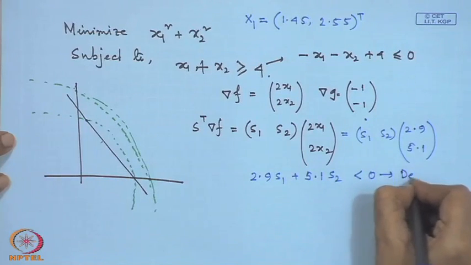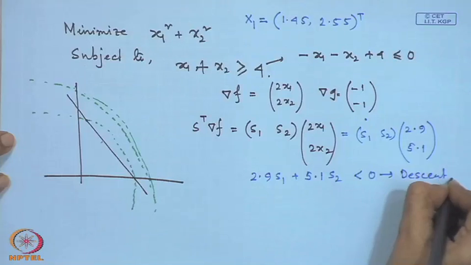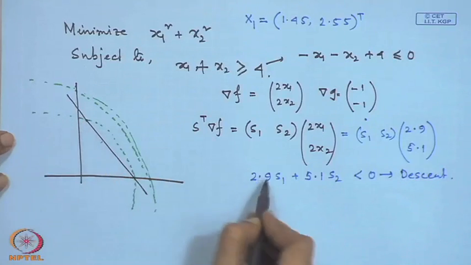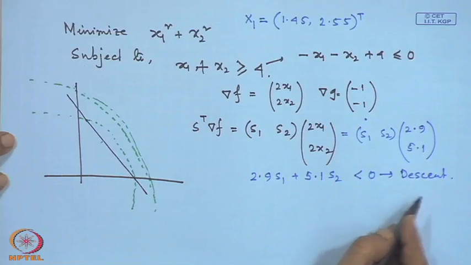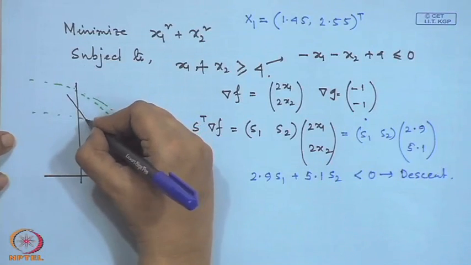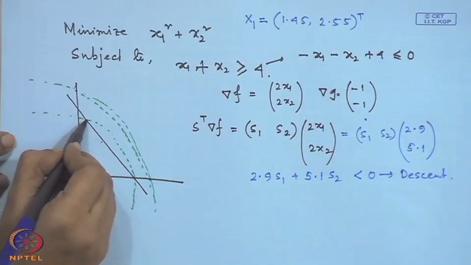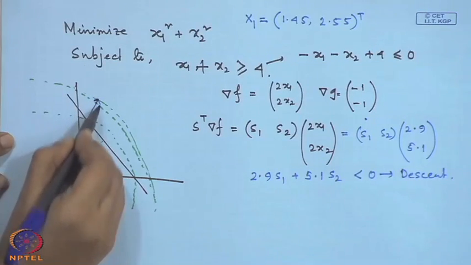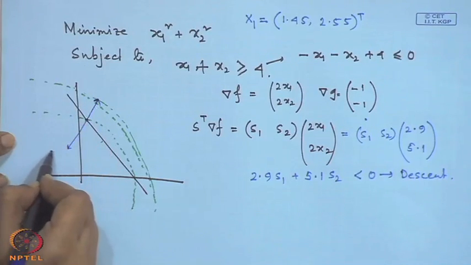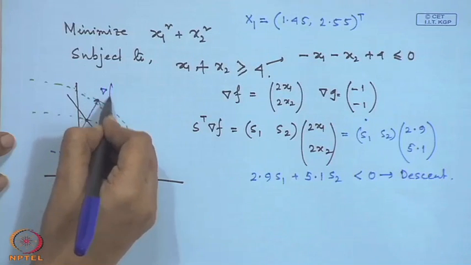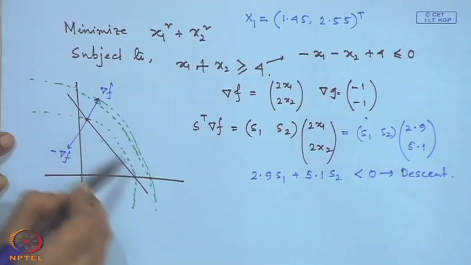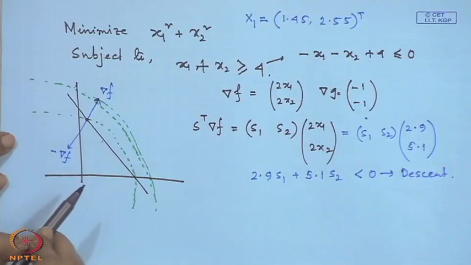feasible, it is the descent direction. That means, if we move from this point in this direction, then that would give us the descent direction. Now, what is that direction at all? This is the minus grad f, because the functional value is decreasing further and further.